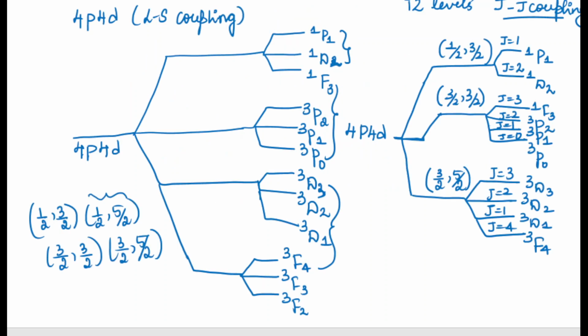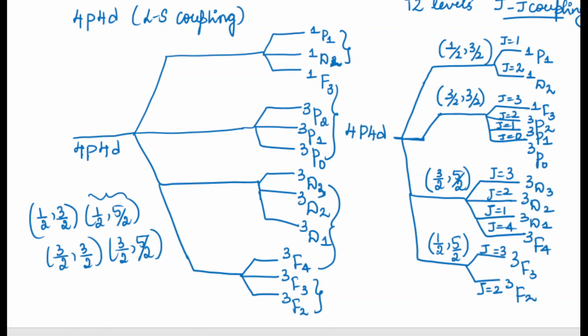So we want to draw the final energy level, that is 2 3. Now 2 3 can be written as 3F3, and here 3F2. Okay, 3F3 and 3F2. Here the J value is 3, and here the J value is 2. Okay, and we have the combination 1/2 and 5/2.